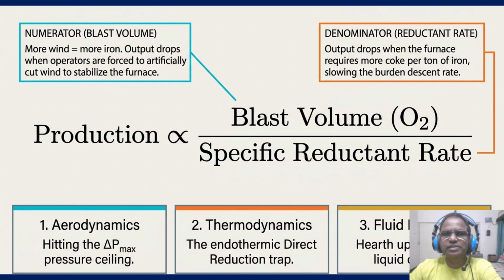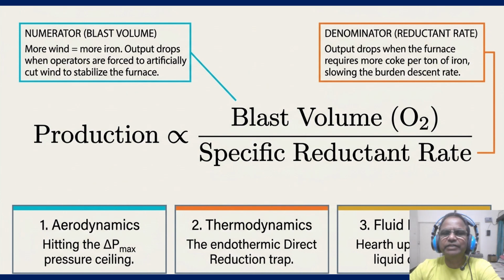These are the gates. If you hit the ceiling in aerodynamics or fall into the endothermic trap of thermodynamics, the denominator spikes, the descent stalls, and your productivity evaporates. We do not just blow wind, we engineer the furnace's ability to accept that wind.